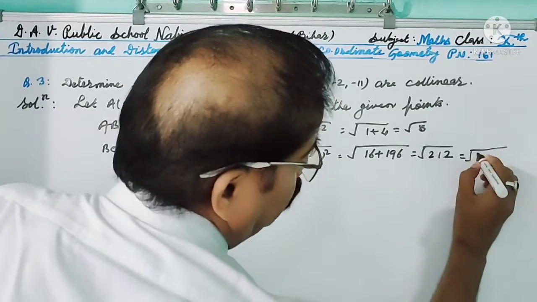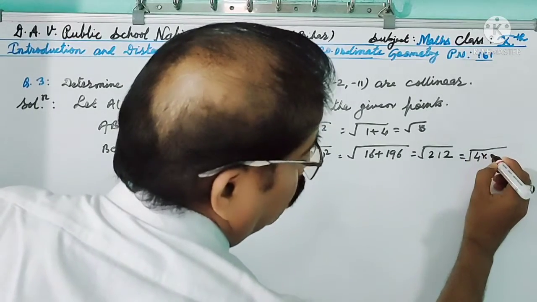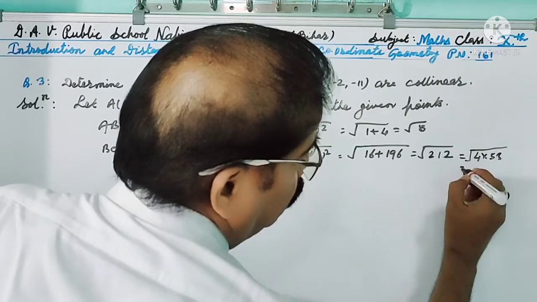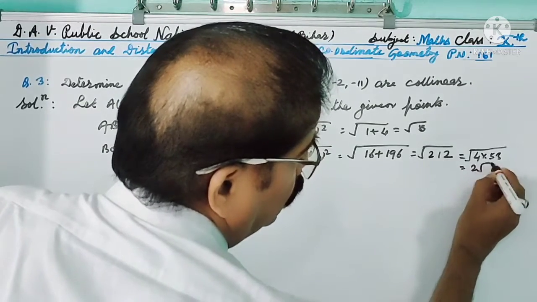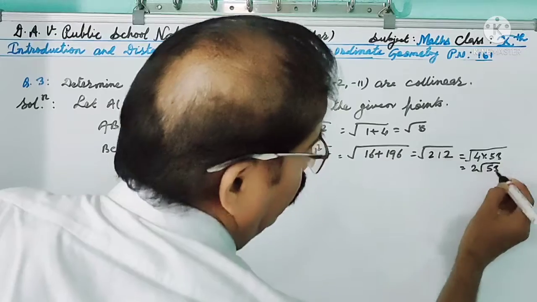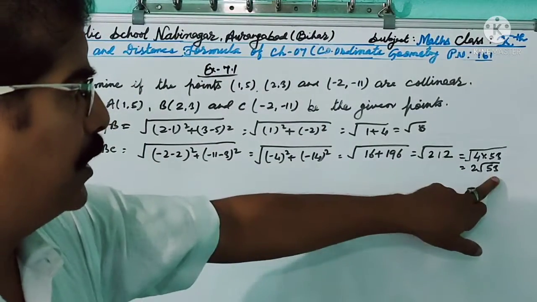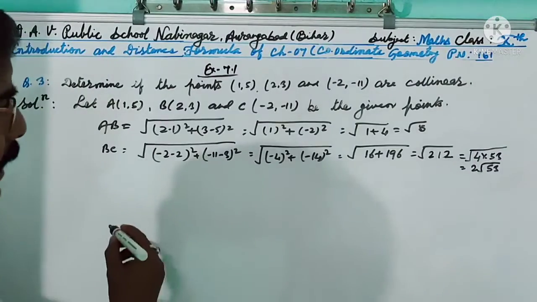You factorize 4 into 53. So BC equals 2 root 53.